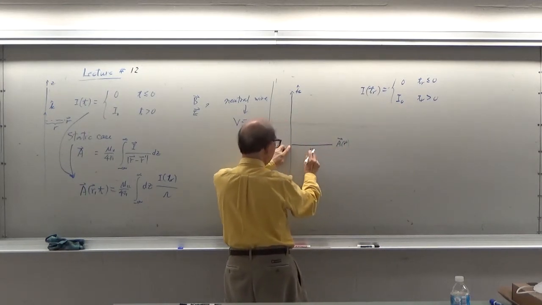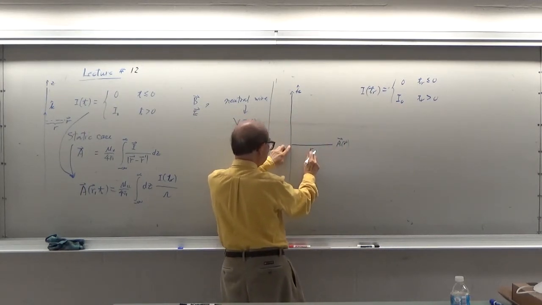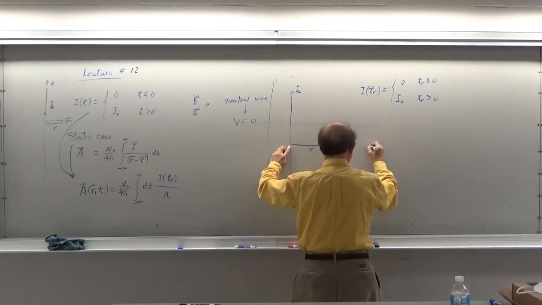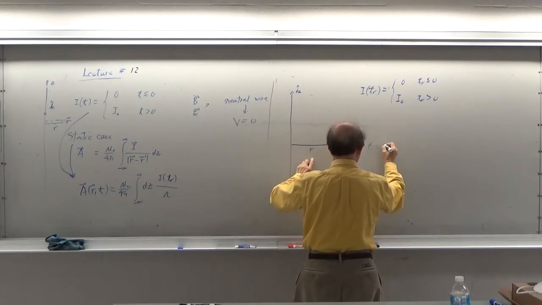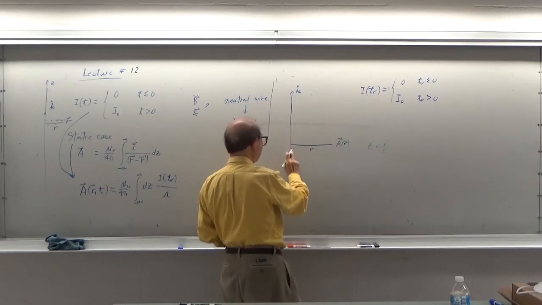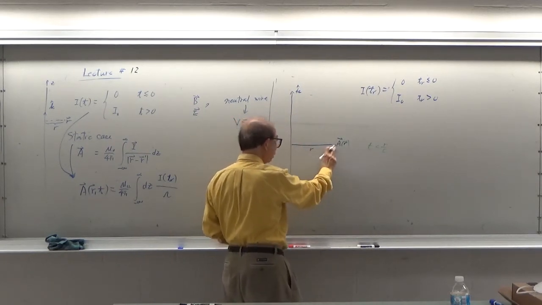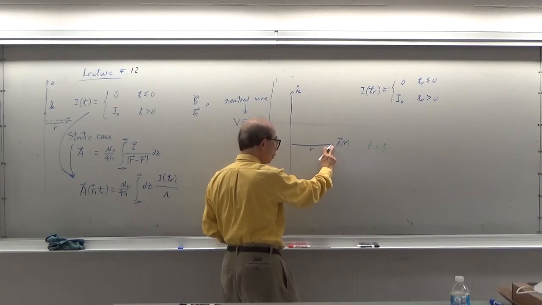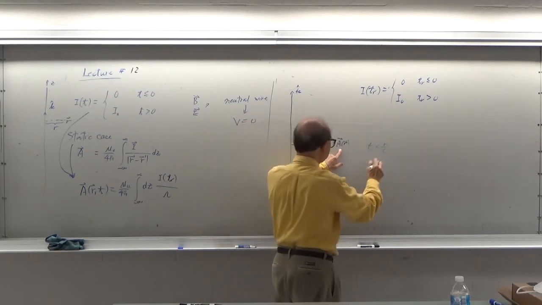So the time will be r over c. So for t before r over c, the fact that there is a current flowing on this wire is unknown to the observer at this point. So A would be 0.